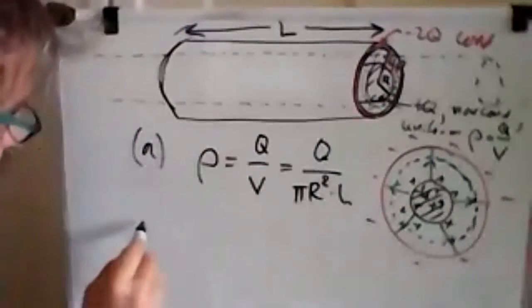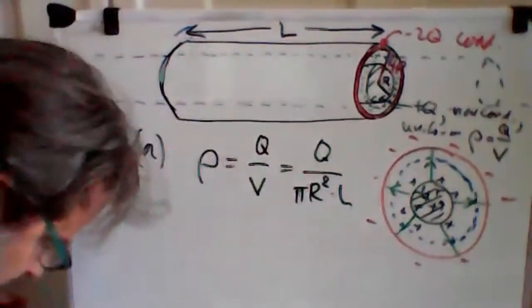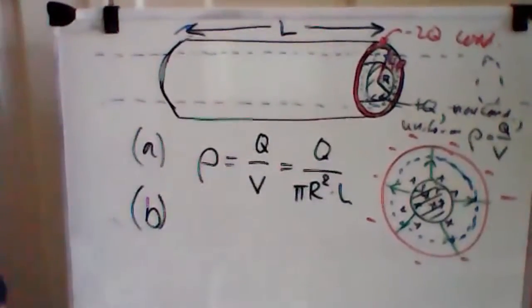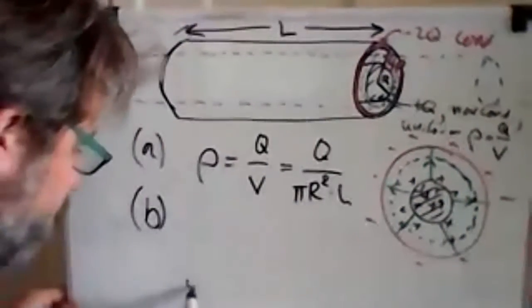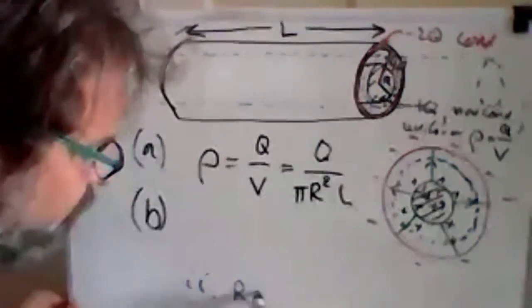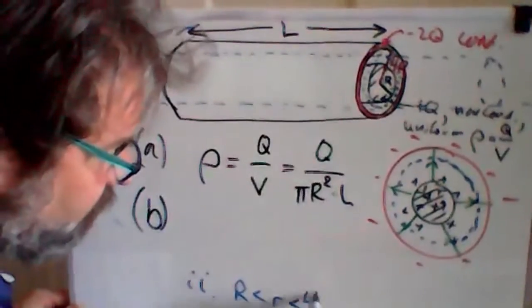So we're really doing part II first. So this is part B, and we have part II there. Down here, part 2. So this is for r smaller than R. Okay, so that's the blue one.